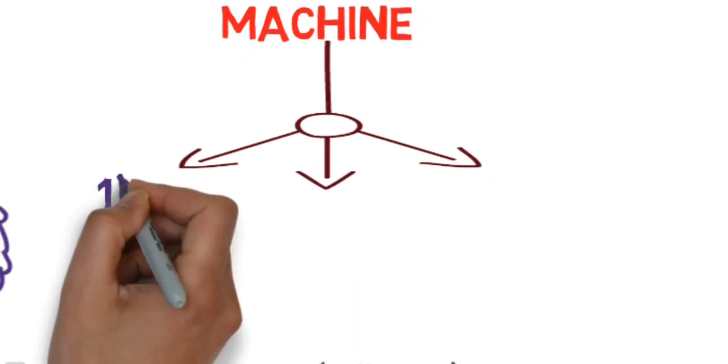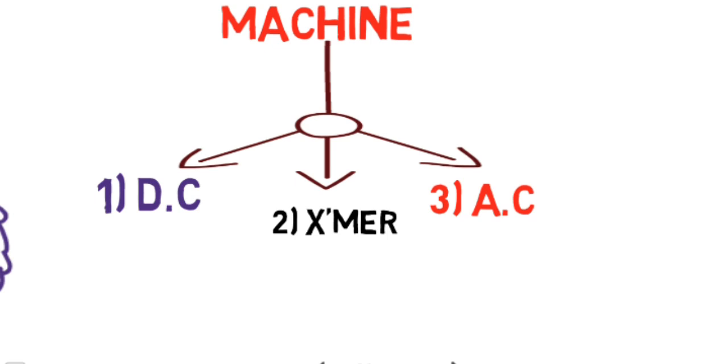First one is the DC machine, the machine which operates on a DC power supply. Second one is the transformer. And third one is the AC machine, the machine which operates on an AC power supply. Now, the DC machine is again classified as a generator and a motor.